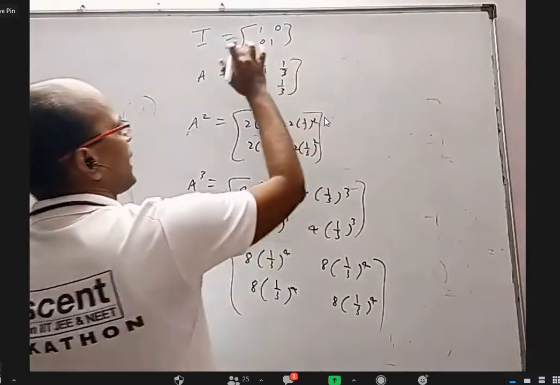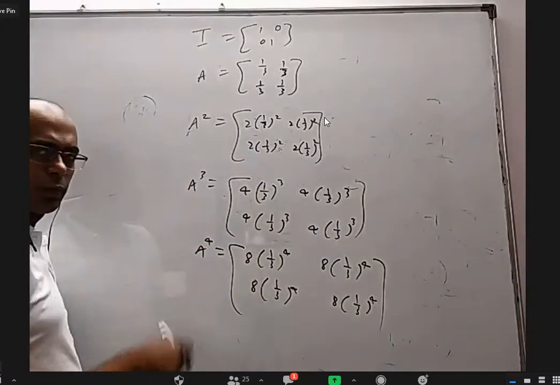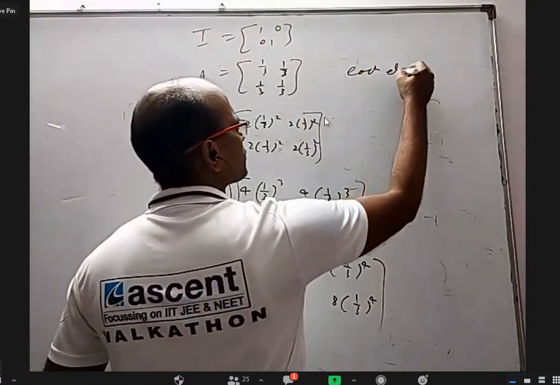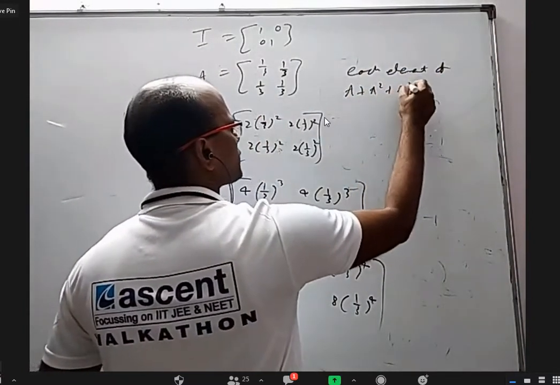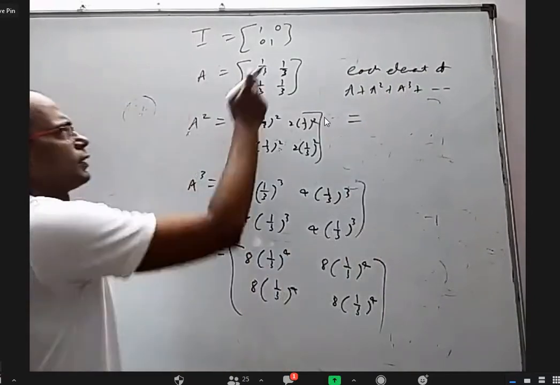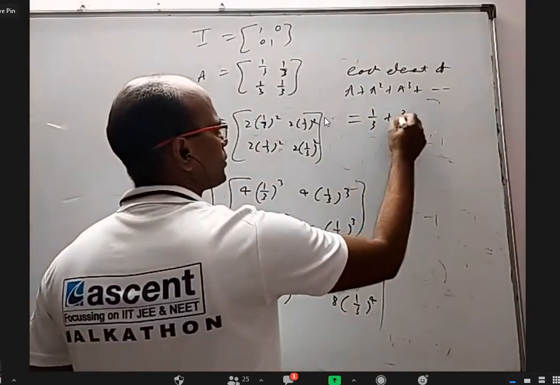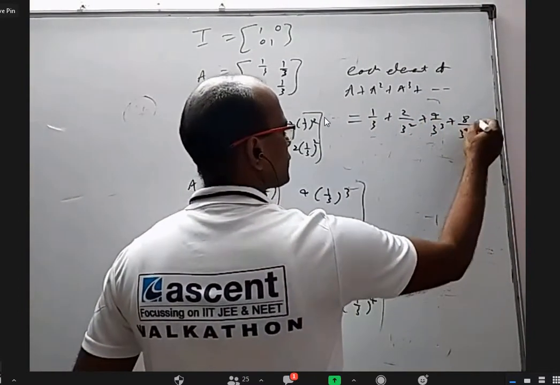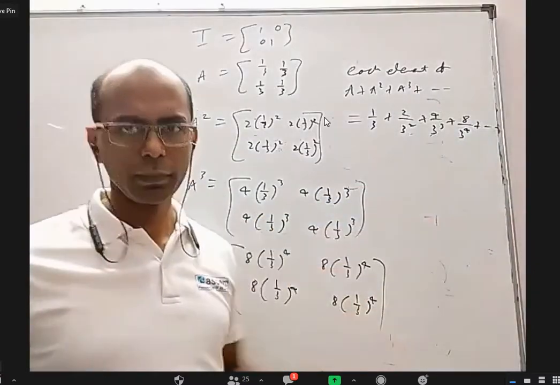Now, I'll add the identity matrix later on. If I add A square, A cube, A power 4, let us see what are the elements. Each element of A plus A square plus A cube forever will be 1 by 3 plus 2 by 3 square, 4 by 3 cube, 8 by 3 power 4, and so on. This is an infinite GP, right?